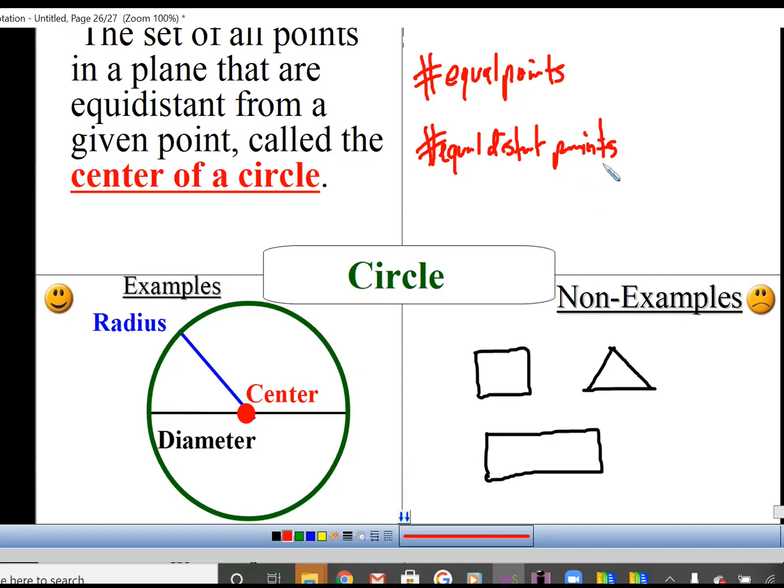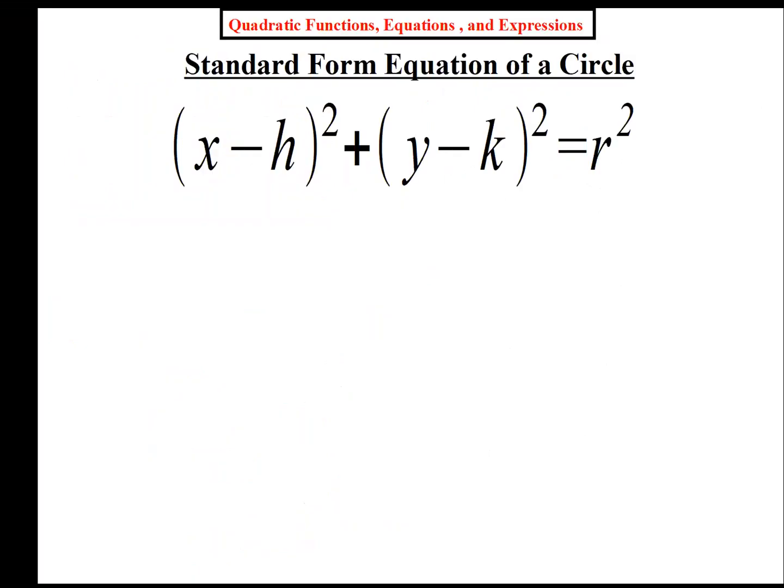All right, so without further ado, let me give you the general form, or the standard form, of a circle, but looking at it through the lens of transformations. You guys ready? Here we go. Write this down. Standard form equation of a circle: parentheses x minus h, close parentheses squared, plus parentheses y minus k, close parentheses squared, equals r squared.